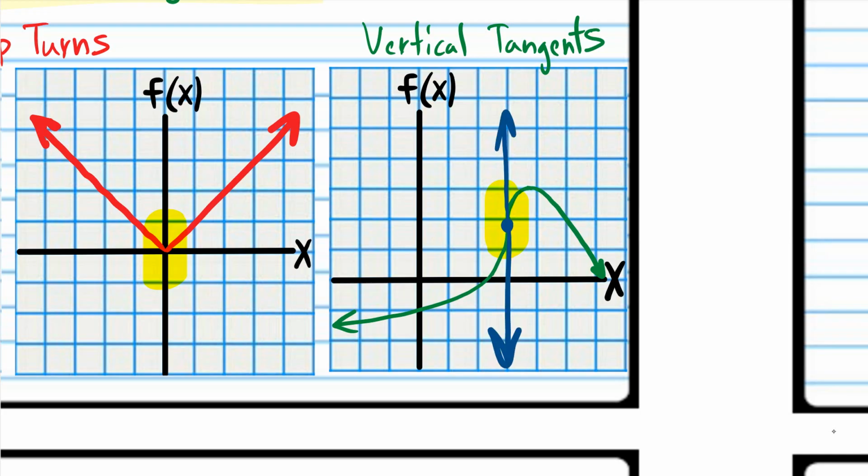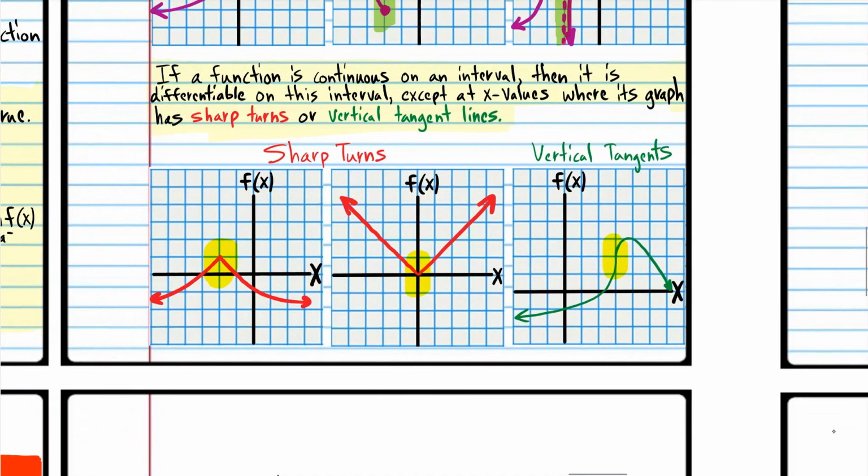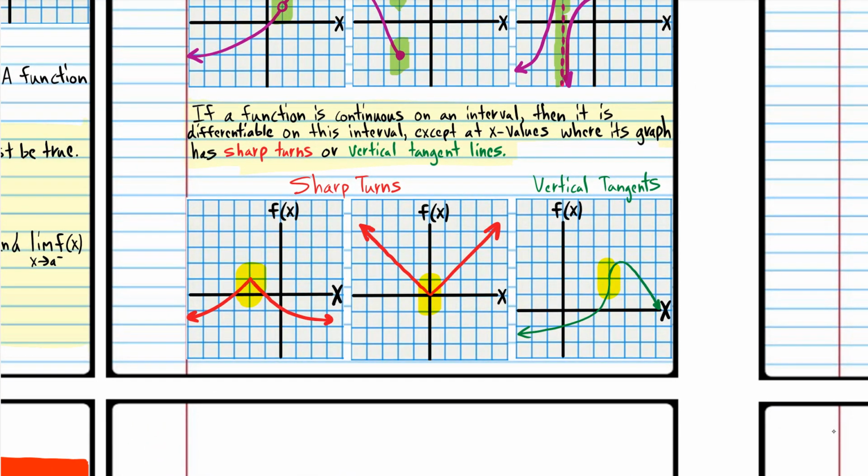So remember, when you're finding the derivative, the whole point is to find the slope of the line that is tangent to the graph at that point. But recall that a vertical tangent line doesn't have a slope. So the derivative doesn't exist at that point. We say that the function is not differentiable at that blue point. So those are the geometric reasons that a function is not differentiable when you have a sharp turn or a vertical tangent line.